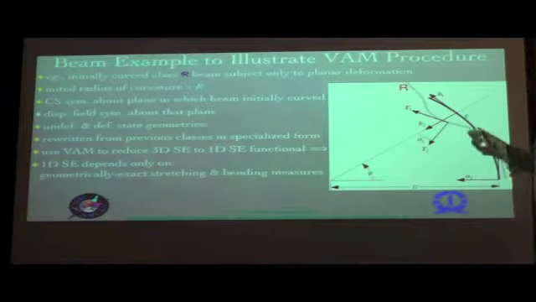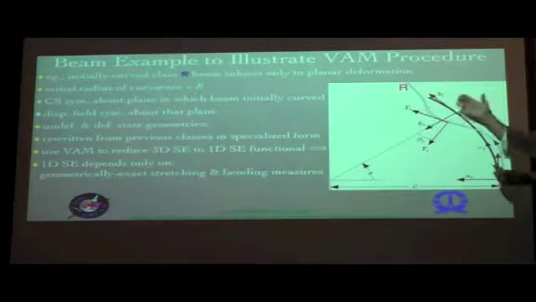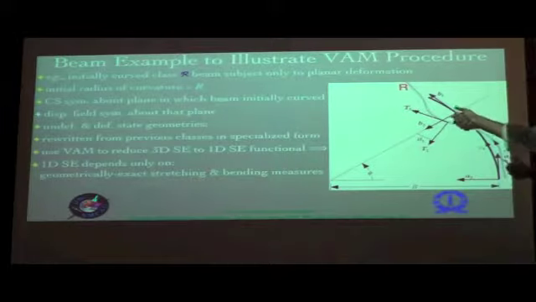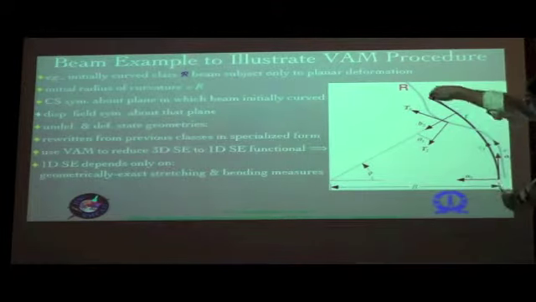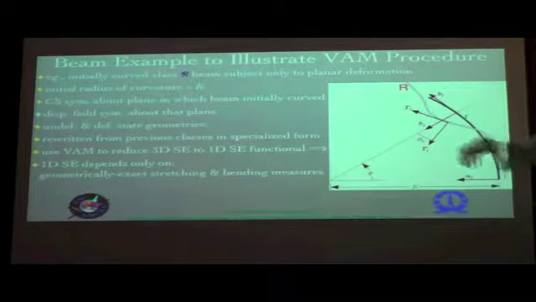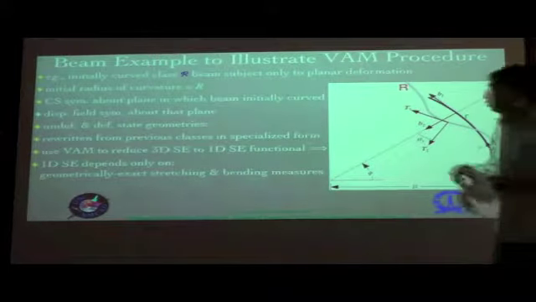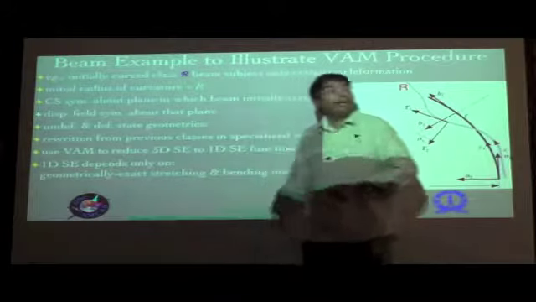But in this case, because we are restricting it to planar deformations, the only bending you have is within the plane. It cannot bend out of the plane. Torsion would mean that it is not remaining planar, so these two are left out. Only extension, which is along the reference curve, and the bending which is within the plane, or about the 3 direction, which is kappa 3, will contribute eventually to the strain energy per unit length of the beam.